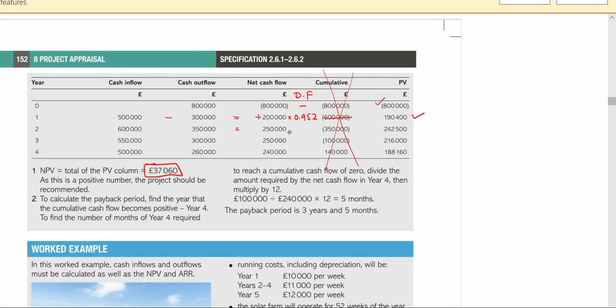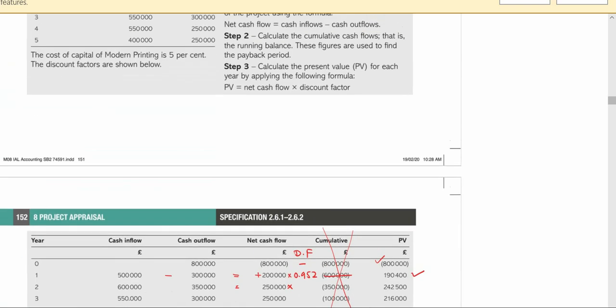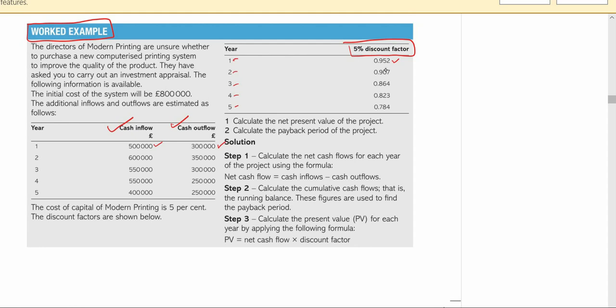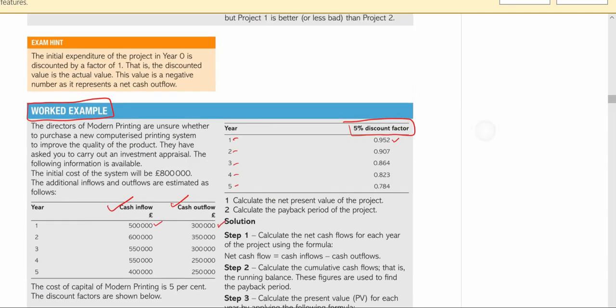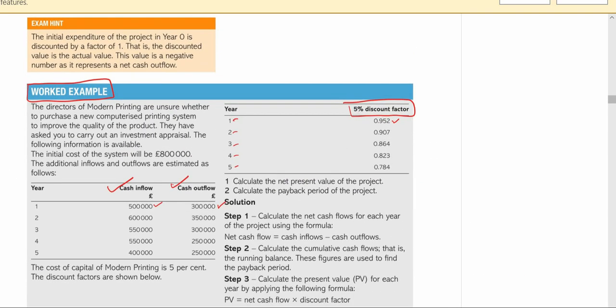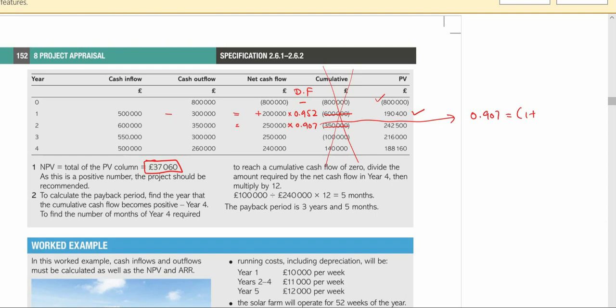Then for the second value, we apply the second discounting factor, 0.907. This 0.907 is equivalent to 1 plus the discounting rate, which was 5% in this case, 1.05 to the power minus 2 for year 2.